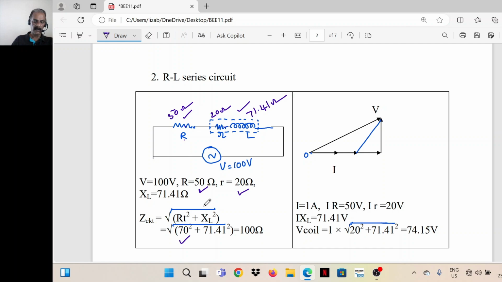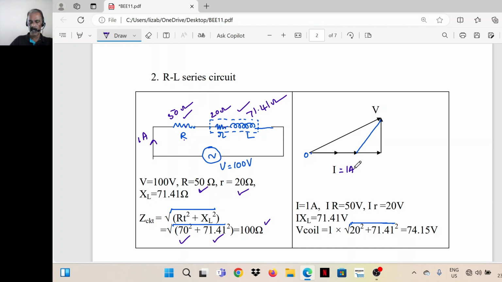So the square root of 70 square plus 71.41 square is 100 ohms, the total impedance of the circuit. Therefore, the current through the circuit is 100 volts divided by 100 ohms, that is 1 ampere.